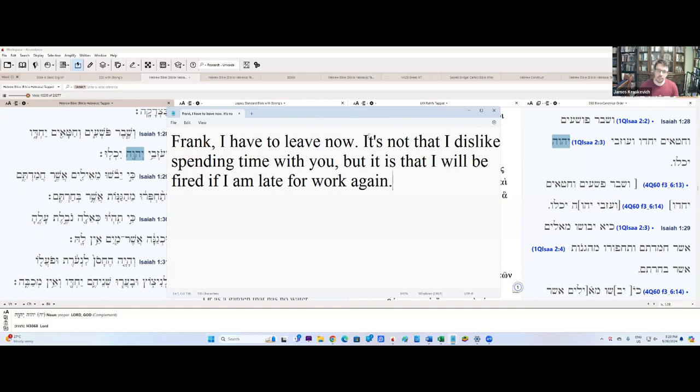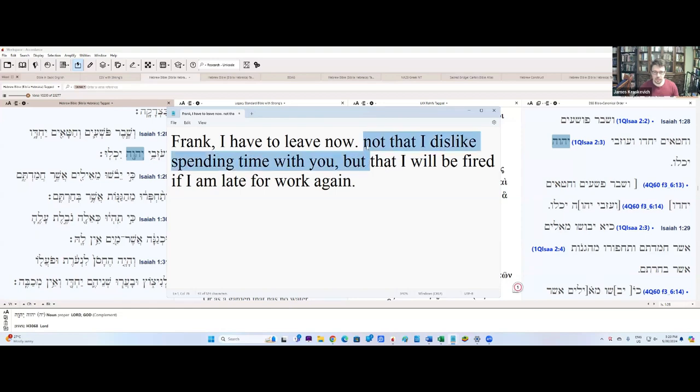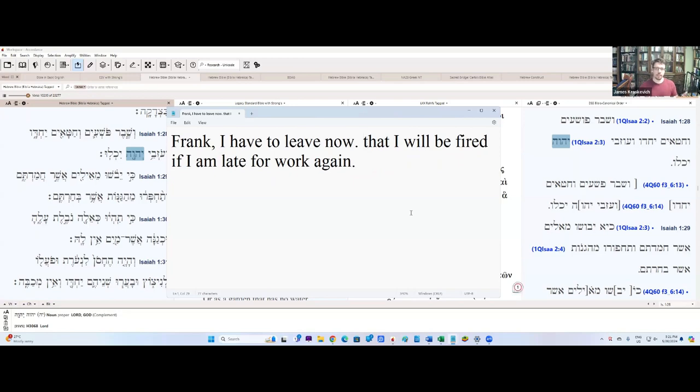So in English, we prefer these tandem constructions, but other languages are perfectly fine without the tandem construction. Also, notice you don't have to say it is. You can just say, not that I dislike you, but that I will be fired if I'm late for work again. And if you remove the tandem construction and you just have the statement of the correct inference, then you have that I will be fired if I'm late for work again.